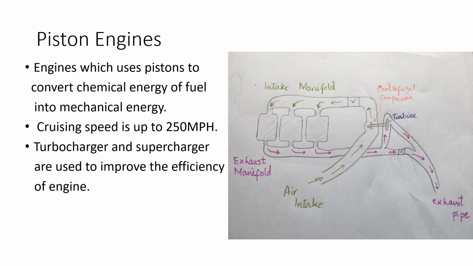This exhaust air will drive the turbine, and then at the end it will be removed from the exhaust pipes, and that is why it is often called an exhaust gas turbine. So in a turbocharger, exhaust is used, and in a supercharger, an accessory drive is used to drive it. So this is the way in which the turbocharger works.